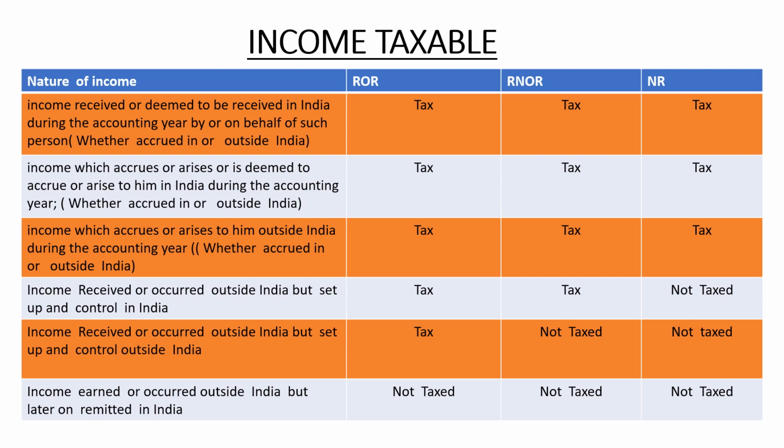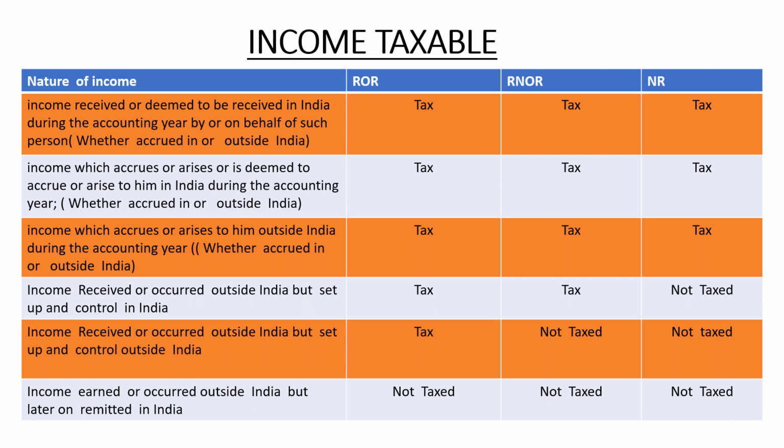So income accrued in India but received outside India, meaning he has received the income in the USA but set up and control is in India. In this case, only NR will not pay the tax, ROR and RNOR will pay the tax.